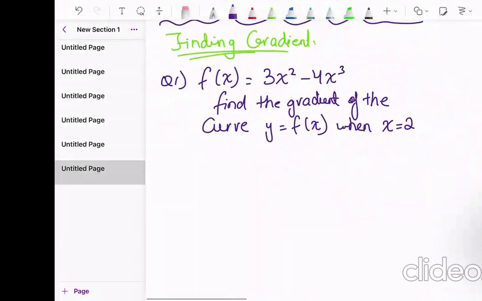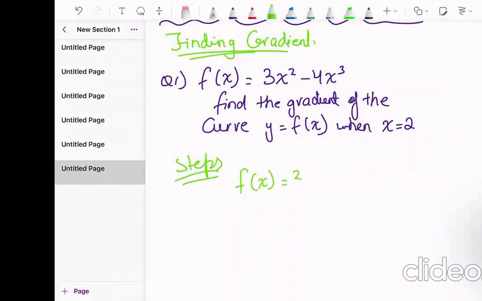How to find gradient? They have given the function, that is 3x squared minus 4x cubed, and find the gradient of the curve y is equal to f(x) when x equal to 2. Now listen very carefully how to find gradient. Step number 1 is differentiate. The function is given to you.